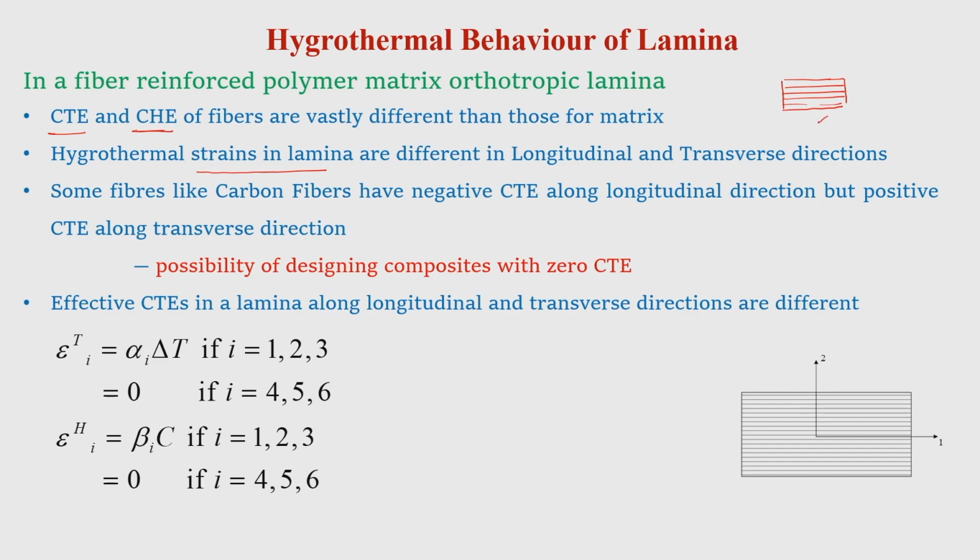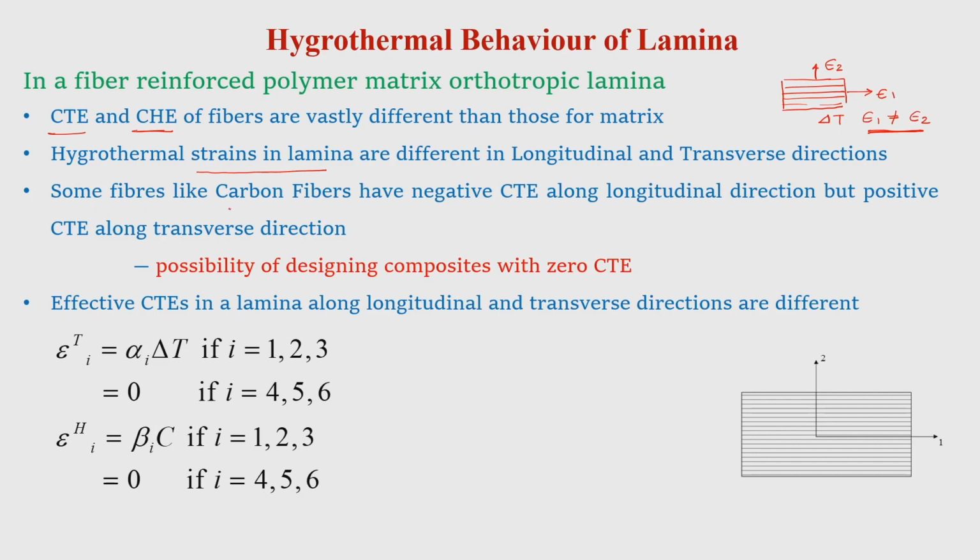Now, if it is subjected to delta T, unlike isotropic material, the strain along 1 and the strain along 2 will be different, as the transverse direction things are actually matrix dominated, whereas the axial direction is fiber dominated. Okay.